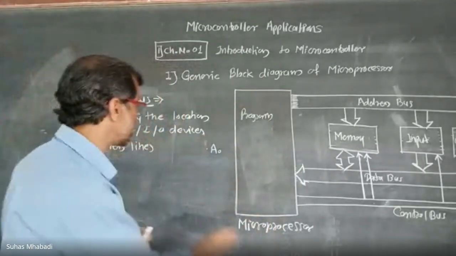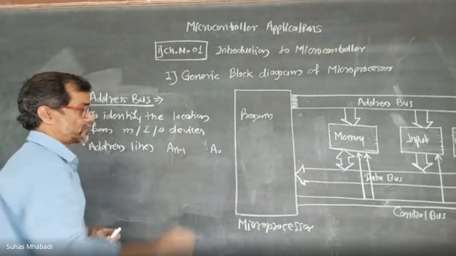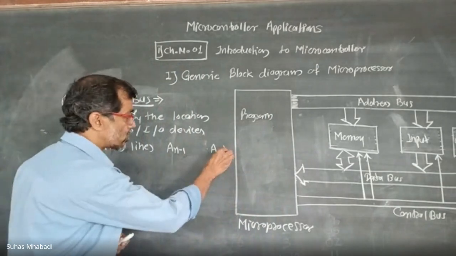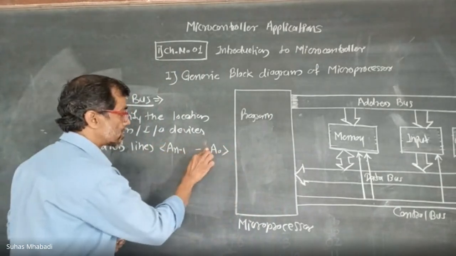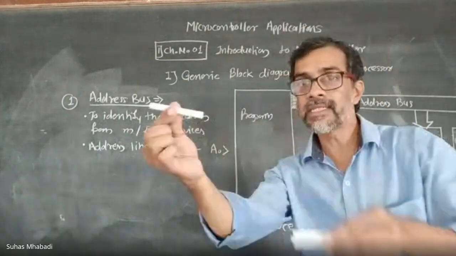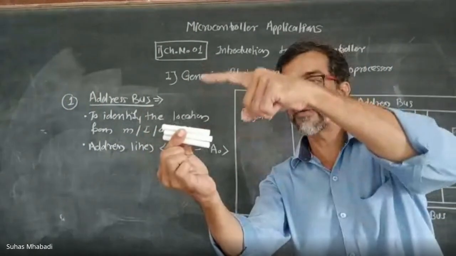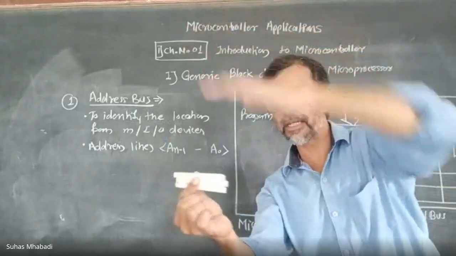Likewise, the last line will be N minus 1, and this is called the address bus. So the first line is A0, A1, A2, A3, A4, A5, A6, and this becomes an address bus.